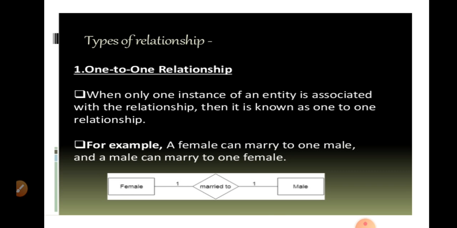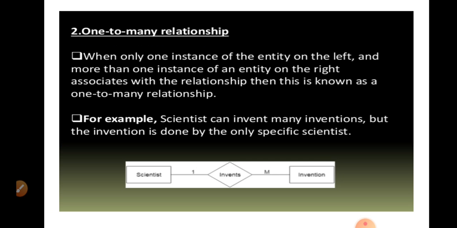Now we will discuss the second type of relationship, one-to-many relationship. When only one instance of an entity on the left and more than one instance of an entity on the right are associated with the relationship, then this is known as one-to-many relationship. For example, a scientist can invent many inventions, but an invention is done by only one specific scientist.